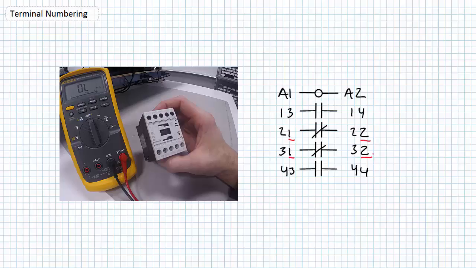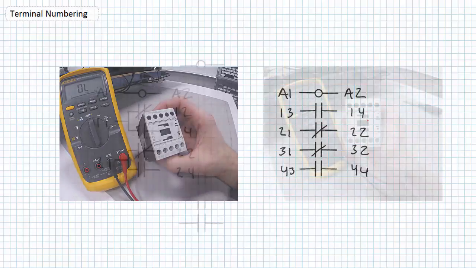A second-digit pairing of 1, 2 indicates it is a normally closed switch. A second-digit pairing of 3, 4 indicates it is a normally open switch. When the coil of the relay is energized, the normally closed switches open and the normally open switches close.